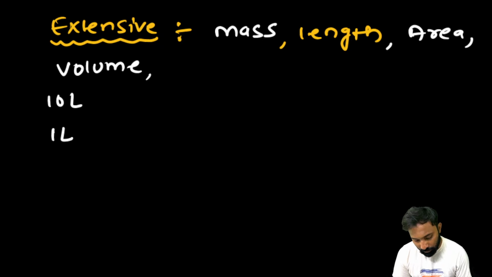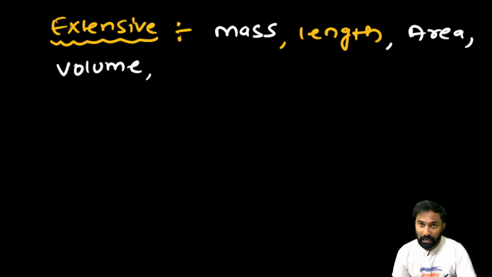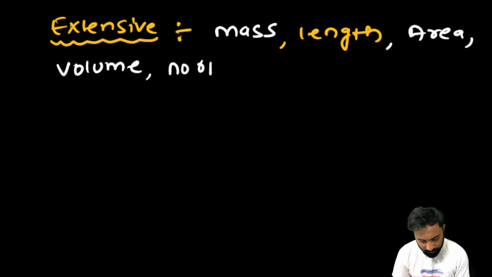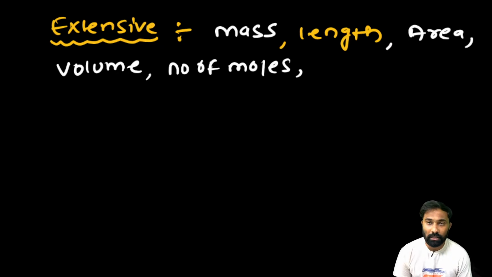So if any property is not at all fixed and it is changing, then that property we call an extensive property. Next, number of moles. Number of moles also comes under the extensive property. How? 1 mole has a different quantity and 2 moles have a different quantity. Clear? Next, we have some thermodynamic energies that we are going to study in this lecture.